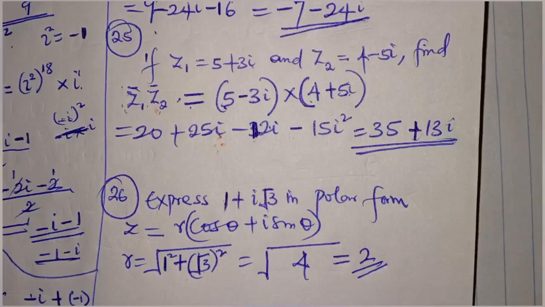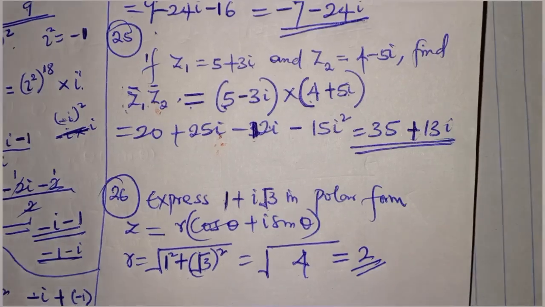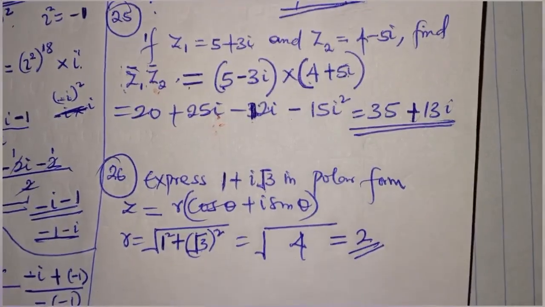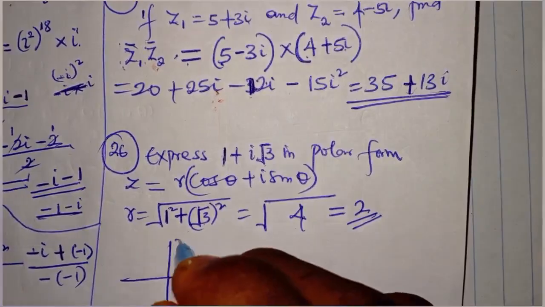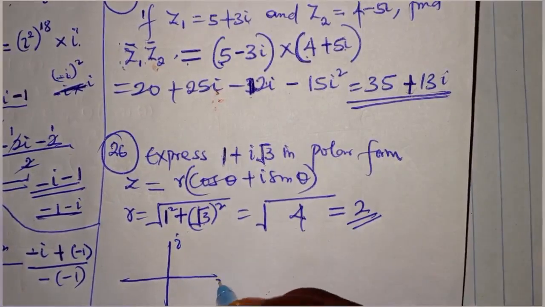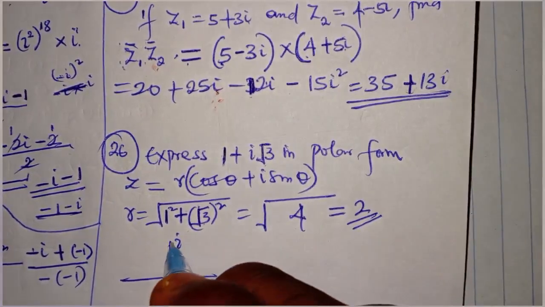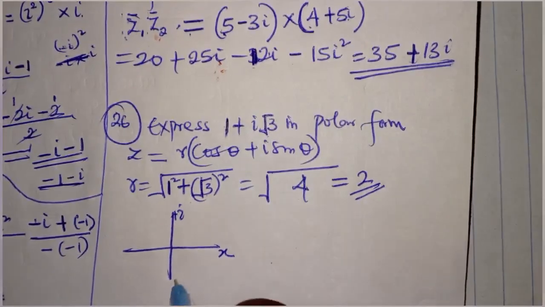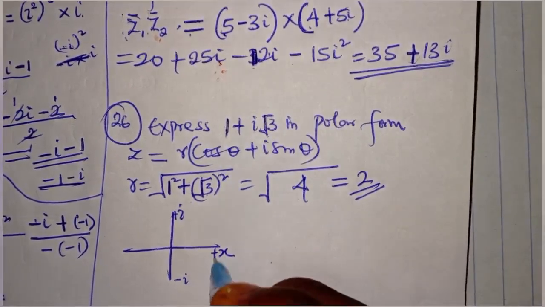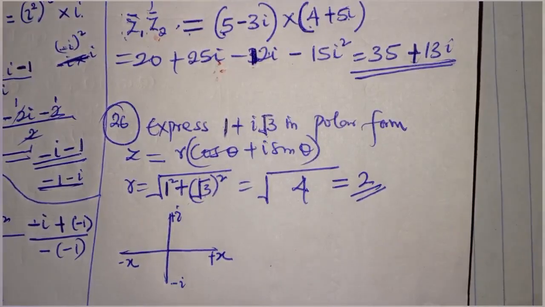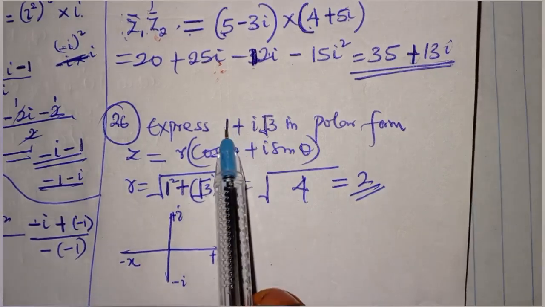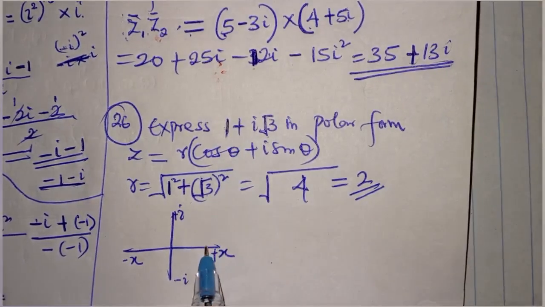What is next? We now plot this complex number, or we show it on an Argand diagram. This is the imaginary axis and this is the x-axis. Positive imaginary, negative imaginary. Positive x, negative x. So in which of these quadrants does this complex number reside? x is positive 1, that should be here.